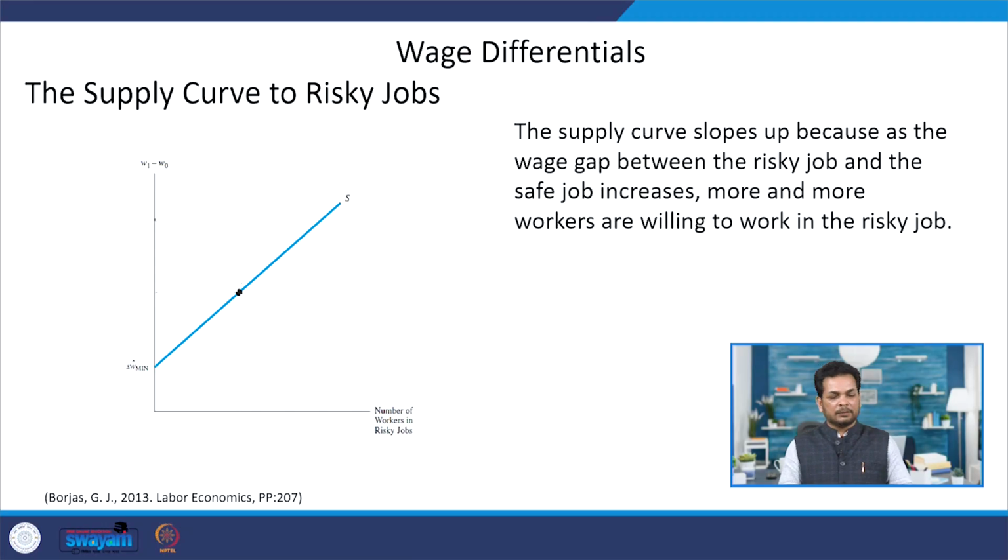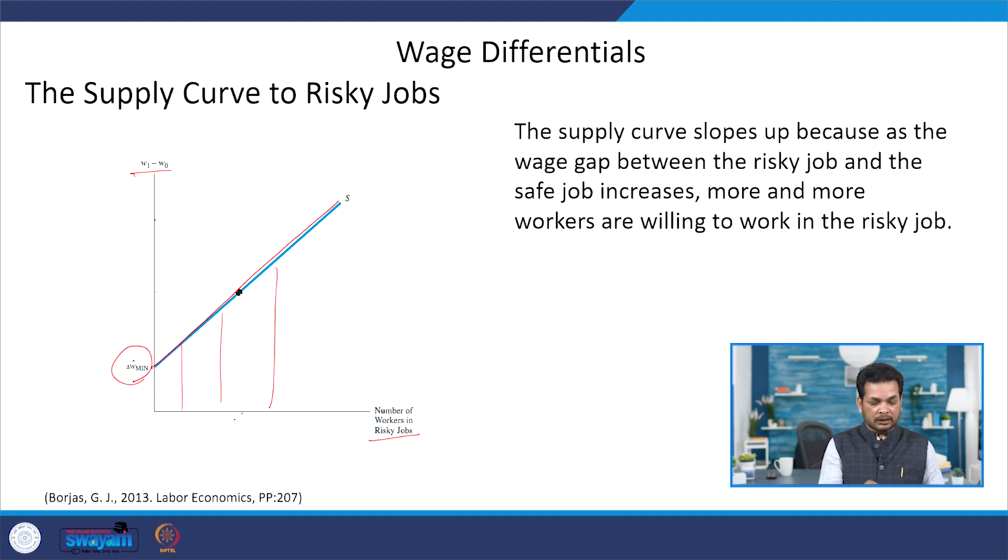So, we have derived that supply curve here: on the x axis we have taken the number of workers in the risk job, and on the y axis the wage differential between the risk job and the safe job, and there is a minimum reservation wage rate. From here onwards, as the wage difference between the risk job and the safe job increases, the number of workers is going to increase.